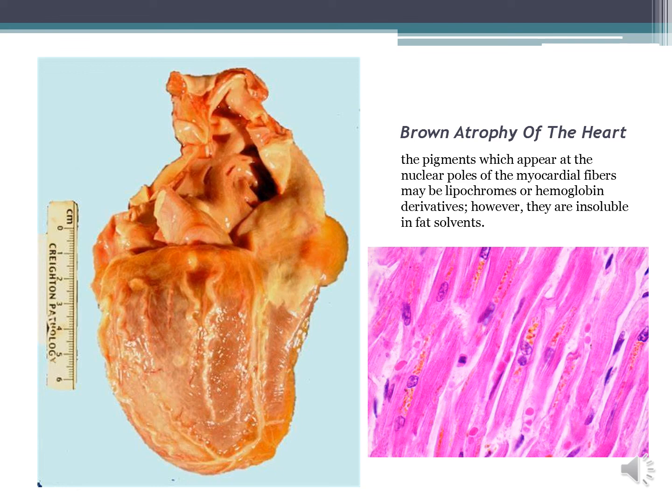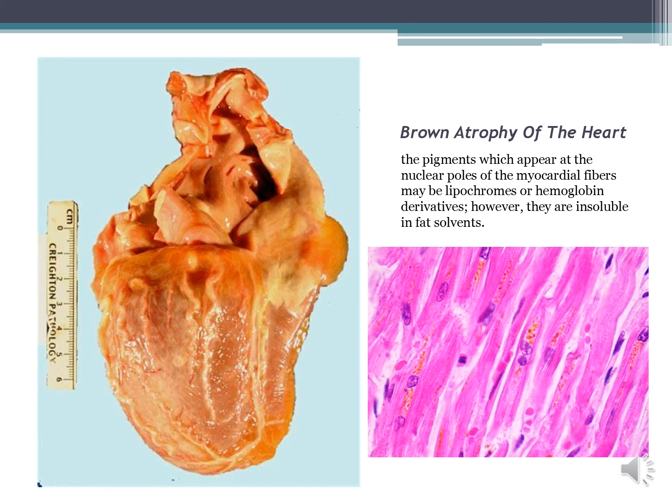Under the microscope, we see the tissue sample of such a heart. Please pay attention that here we see some accumulations of the pigment which appear at the nuclear poles of the myocardial fibers. They are lipochromes or hemoglobin derivatives. However, they are insoluble in fat solvents. Here they are.